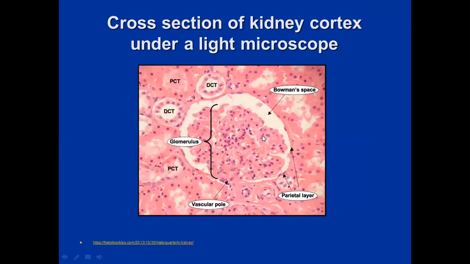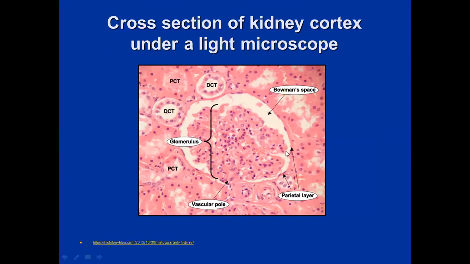This is a beautiful slide of a cross-section of the kidney cortex under a light microscope. How do you know that it's cortex? Because you can see the Malpighian body. This is the glomerulus, with all the capillaries of the glomerulus.